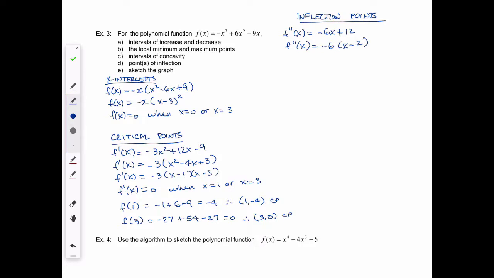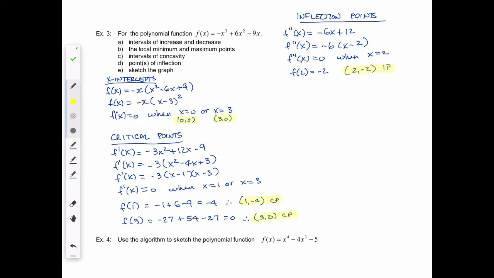We know that f double prime of x is equal to 0 when x is equal to 2, and f of 2 is equal to negative 2. That means (2, negative 2) is my inflection point. So I have my inflection point, my critical points, and I should have done this up above as well: (0, 0) and (3, 0) are my intercept points.